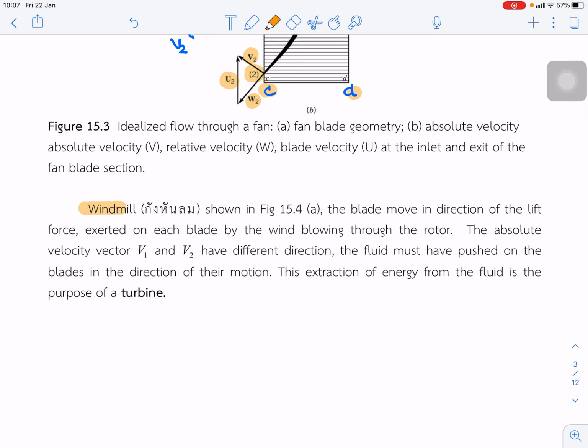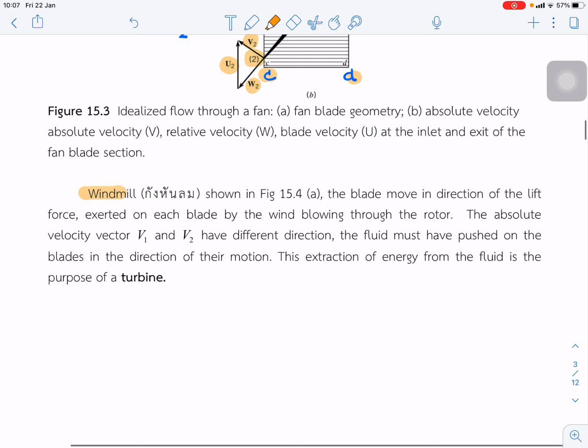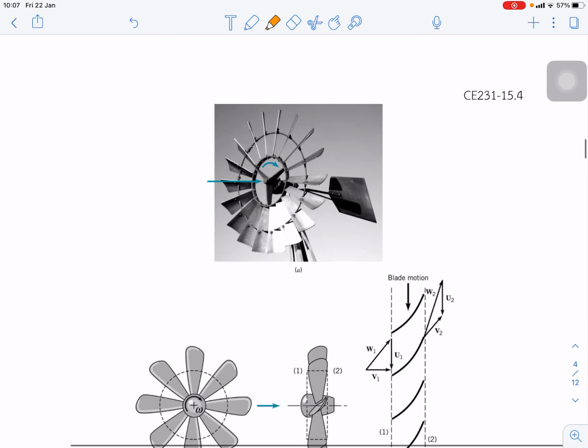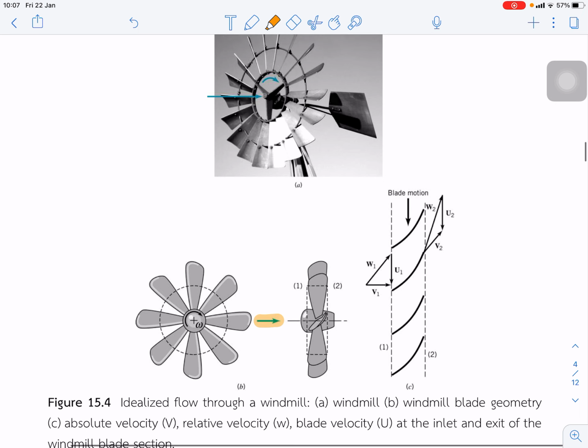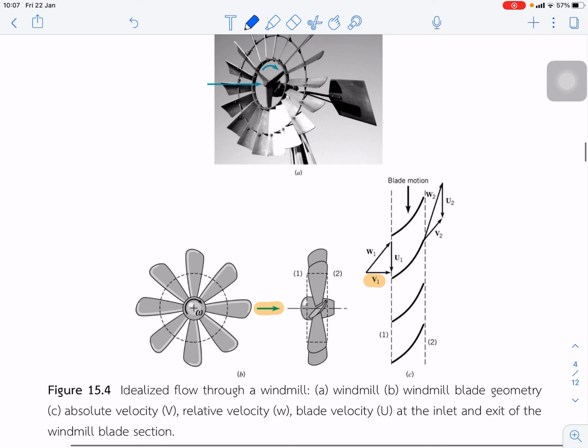For the windmill shown in the figure below, the blades move in the direction of the lift force exerted on each blade by the wind blowing through the rotor. You can see that the flow of air is in this direction. So this is the V1. In this case, the air pushes the blade, moving in this direction.